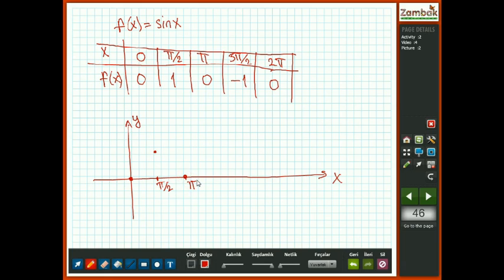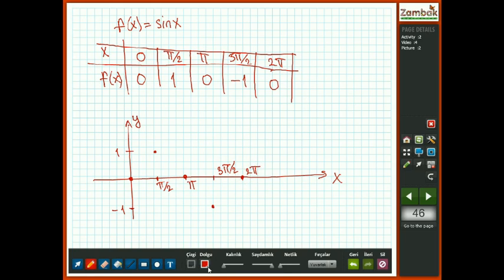And when x is 3 pi over 2, y is equal to -1 here, that is this point. When x is 2 pi, y is also equal to 0.